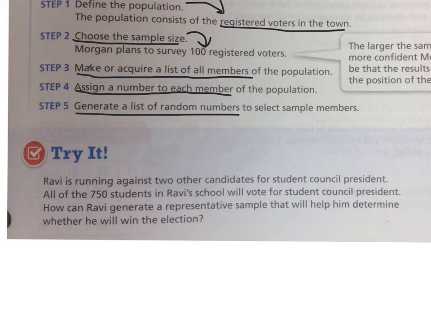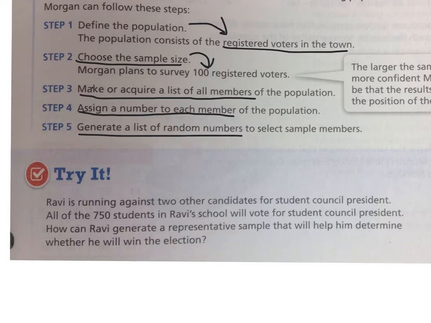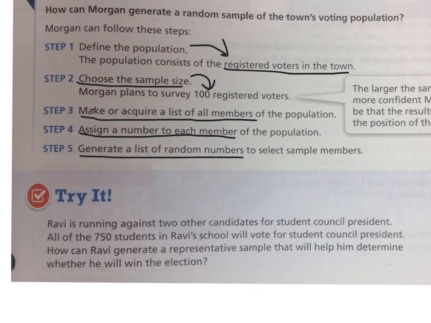If we look at the Try It, Ravi is running against 2 other candidates for student council president. All of the 750 students in Ravi's school will vote for student council president. How can Ravi generate a representative sample that will help him determine whether he will win the election? Well, basically if we just follow those steps we just looked at right above, that would be a way they could do this.